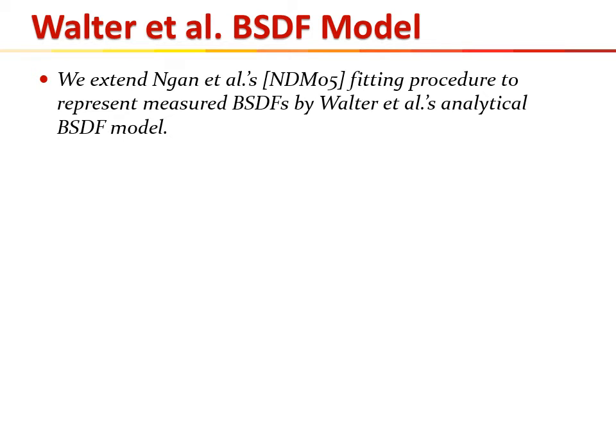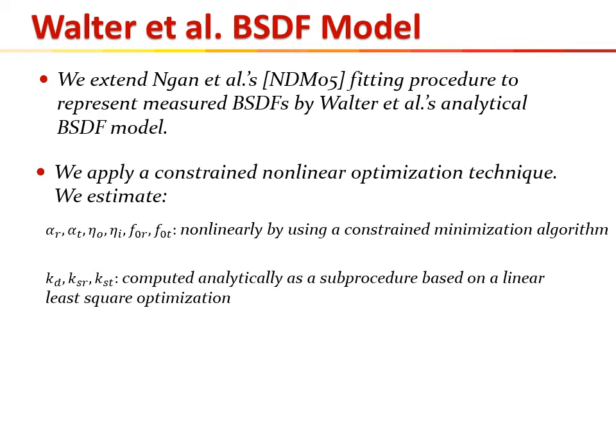One of the core parts of our analysis is to fit measured BSDF data to Walter et al.'s analytical model. In this work, we extend Ngan et al.'s fitting procedure to represent measured BSDFs by Walter et al.'s analytical BSDF model. We apply a constrained non-linear optimization technique, and we estimate width parameters, index of refraction, and Fresnel coefficients non-linearly by using a constrained minimization algorithm.